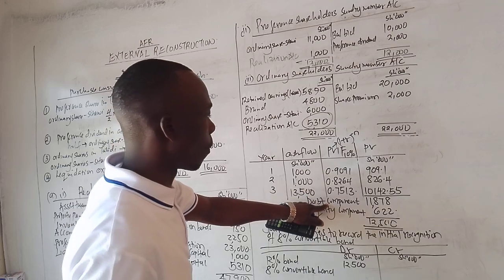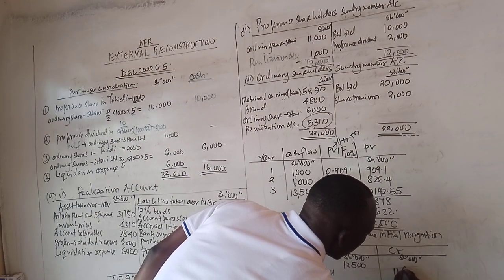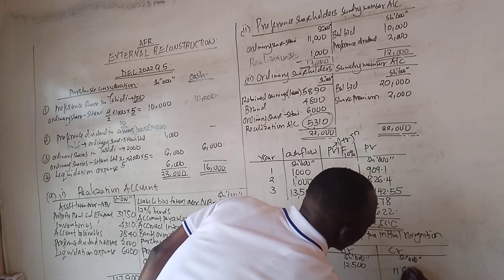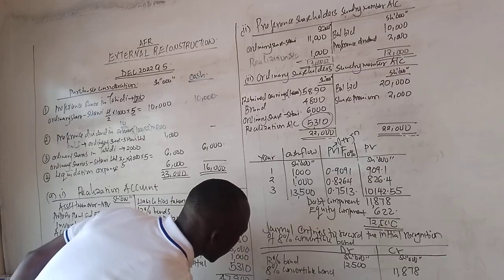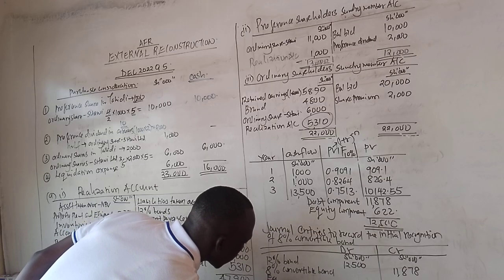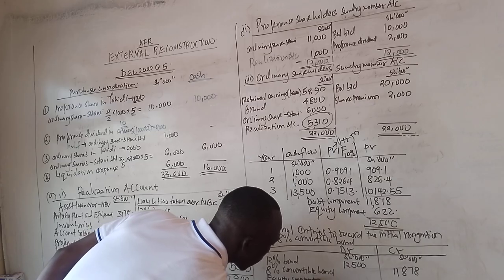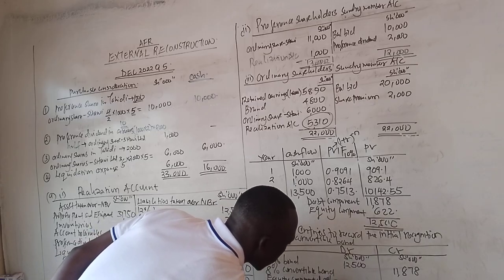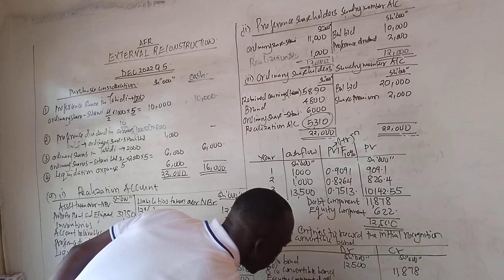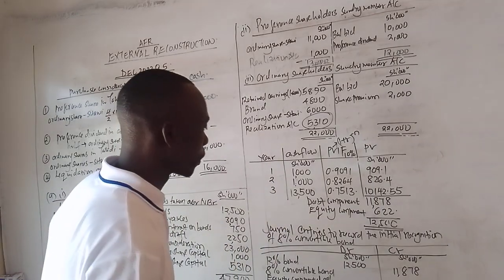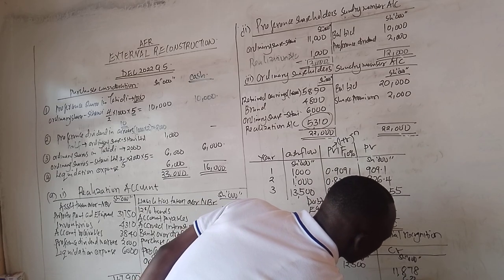You take the debt component, which is 11,878. And also you are going to recognize the equity component of the 8% convertible bond, which in this case is 622.